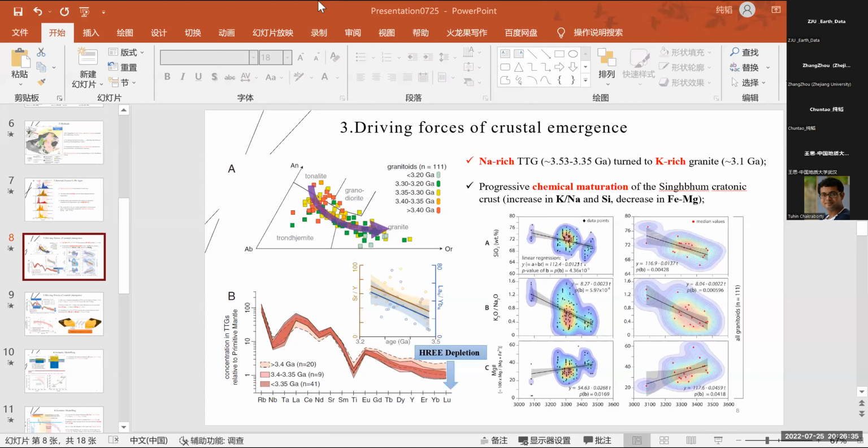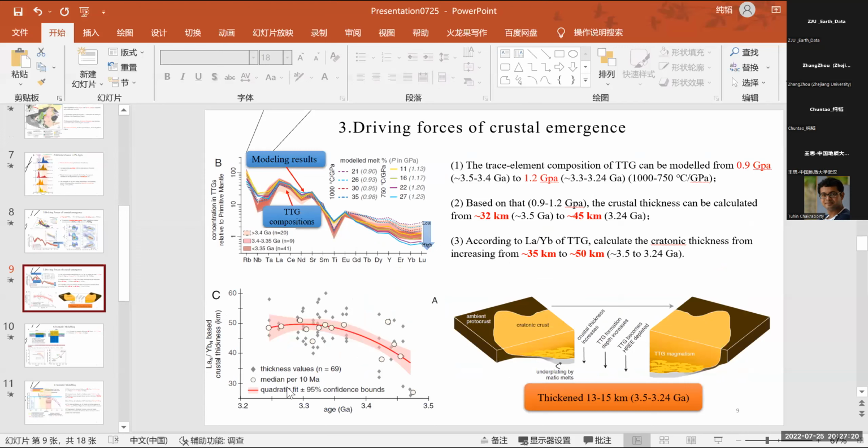The lanthanum to ytterbium ratio has a large spread, so they just use the median value of the data, shown by this line.